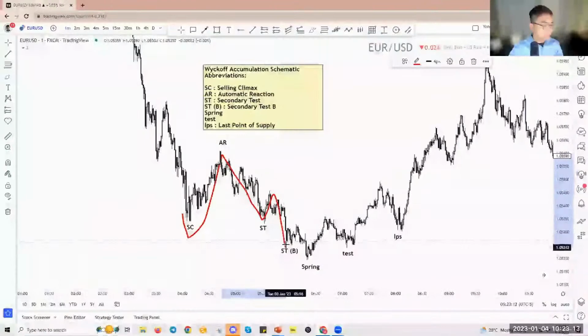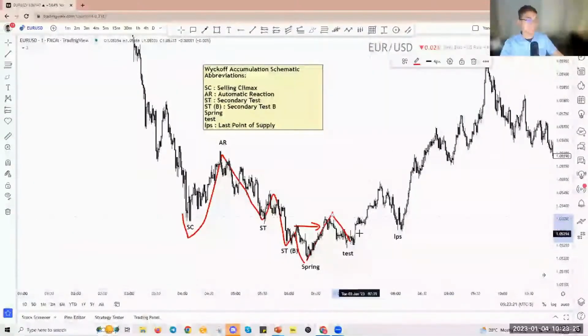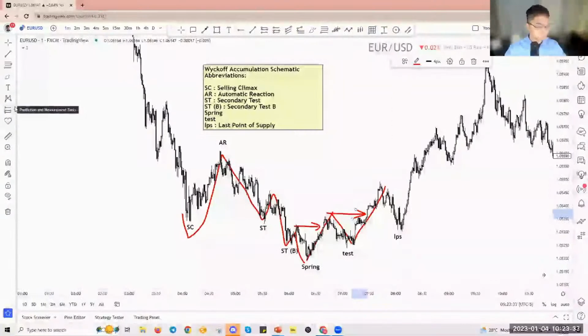Secondary test, STB, spring. What happens? The spring breaks the secondary test B, then comes back down for the test. We do not know how low the test will go. Next, price goes up, breaking the test, and that is our entry.